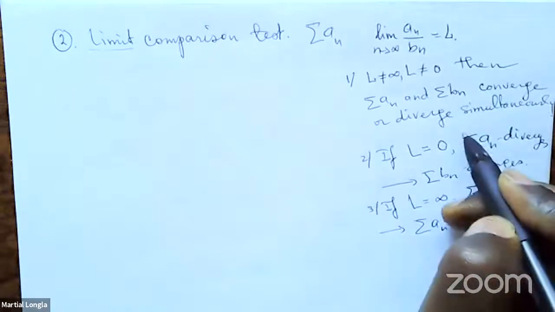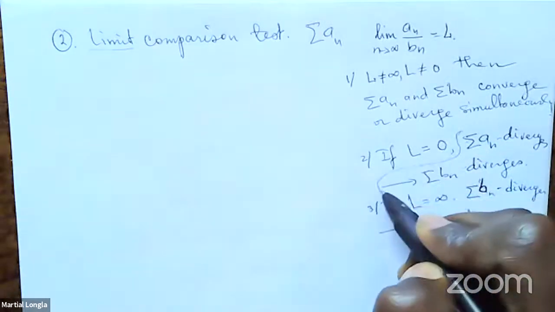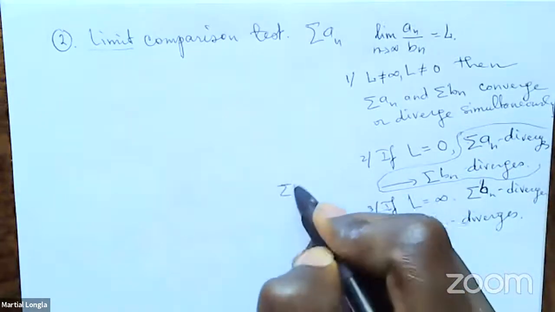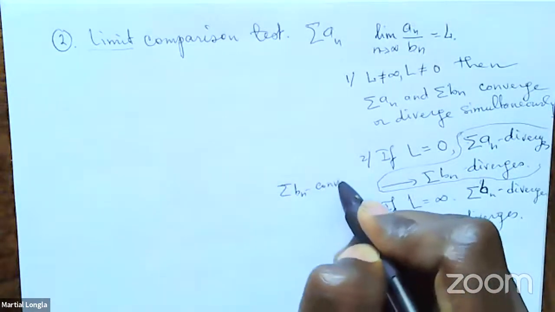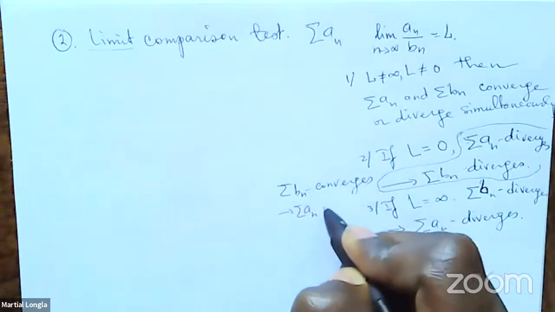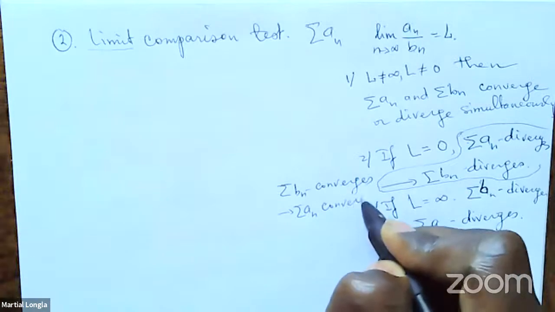And this one is also equivalent to: the sum of b_n converges implies the sum of a_n converges.